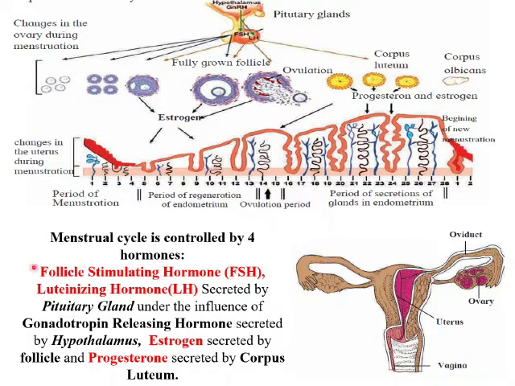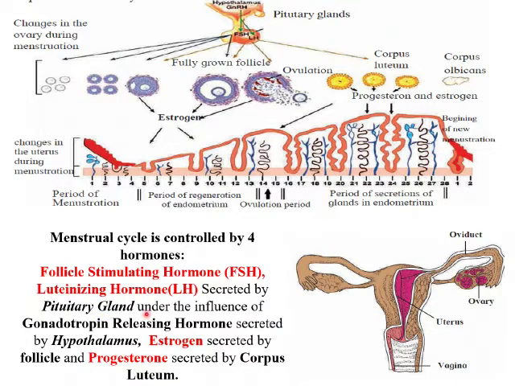This menstrual cycle is a natural process, and it is controlled by 4 hormones. These 4 hormones are follicle stimulating hormone, that is FSH, and luteinizing hormone, that is LH, and both these are secreted by the pituitary gland. Pituitary gland is an endocrine gland, and it is present in the brain.